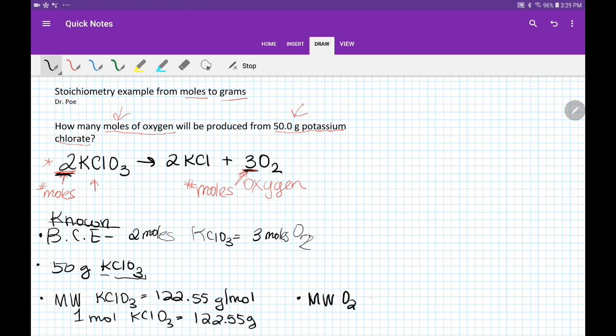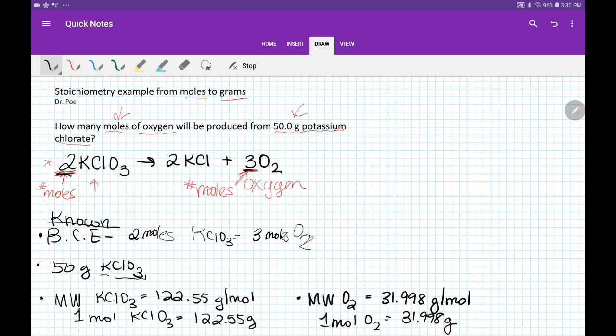We also know from the periodic table, and maybe we'll use this, maybe we won't, the molecular weight of O2, it's good practice anyway, is 15.99, which is the mass of 1 O, plus 15.99 grams per mole, which is the mass of 2 O's from the formula. So that's going to be 31.998 grams per mole. And what that means is the same: 1 mole of O2 is going to weigh 31.998 grams.